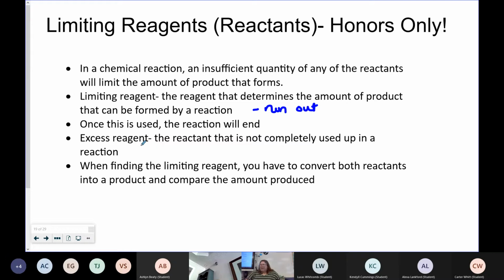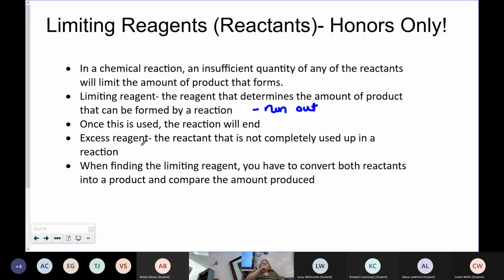Whenever we're finding the limiting reagent, we have to convert both reactants into the same product so that they can be compared. Up to this point with stoichiometry, we've been given only one reactant to start with. We've been given one amount. With limiting reagents, it will give us both reactant amounts.